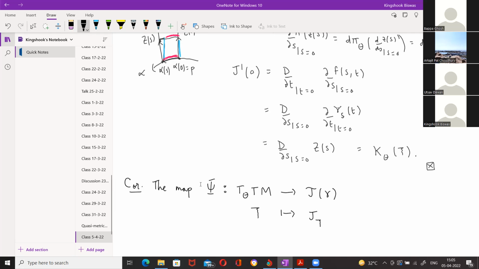This is not really a corollary, so let me not call it a corollary. I'll just state this. So observe: the map xi maps to J xi is an isomorphism.